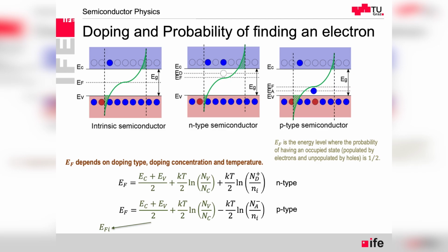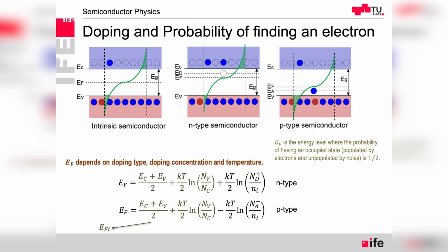And we can visualize it with the probability function. In the case of an intrinsic semiconductor, the Fermi energy is in the middle, so it's equally probable to find a hole or an electron. That means we have the same number of holes and electrons, because in the middle we don't really find anything.